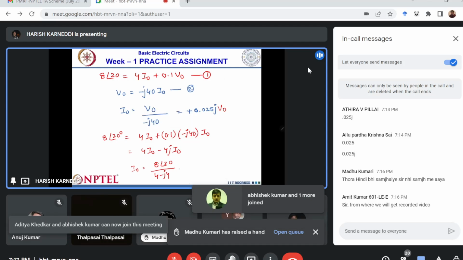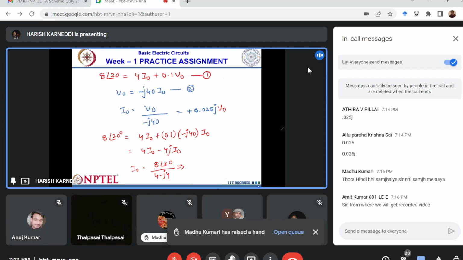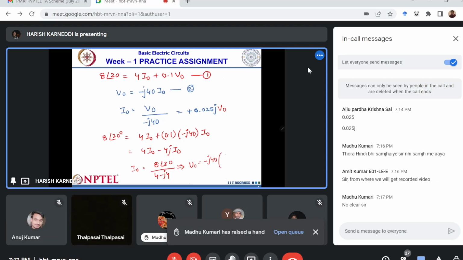So we got I naught, and we can put this value to get V naught. V naught equals minus J40 into I naught, that is 8 at an angle of 20 degrees by 4 minus J4. What is the value of V naught?